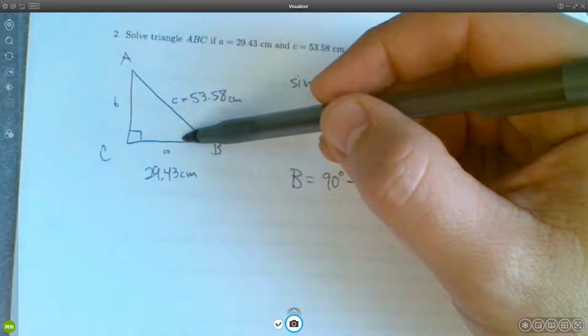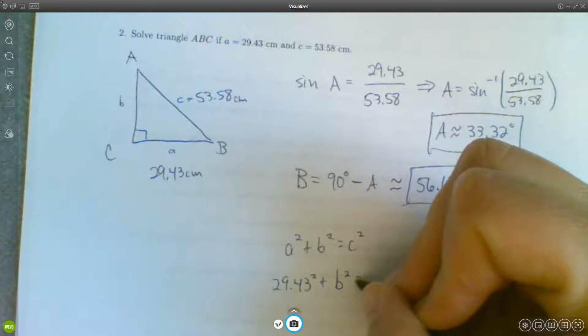I'll say A squared plus b squared equals c squared, and then solve for b.